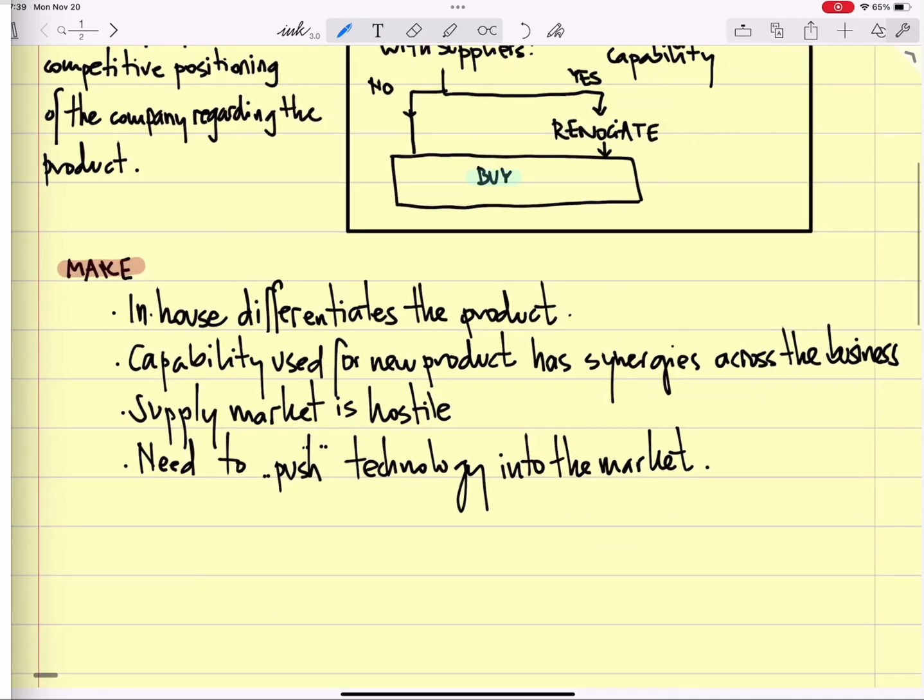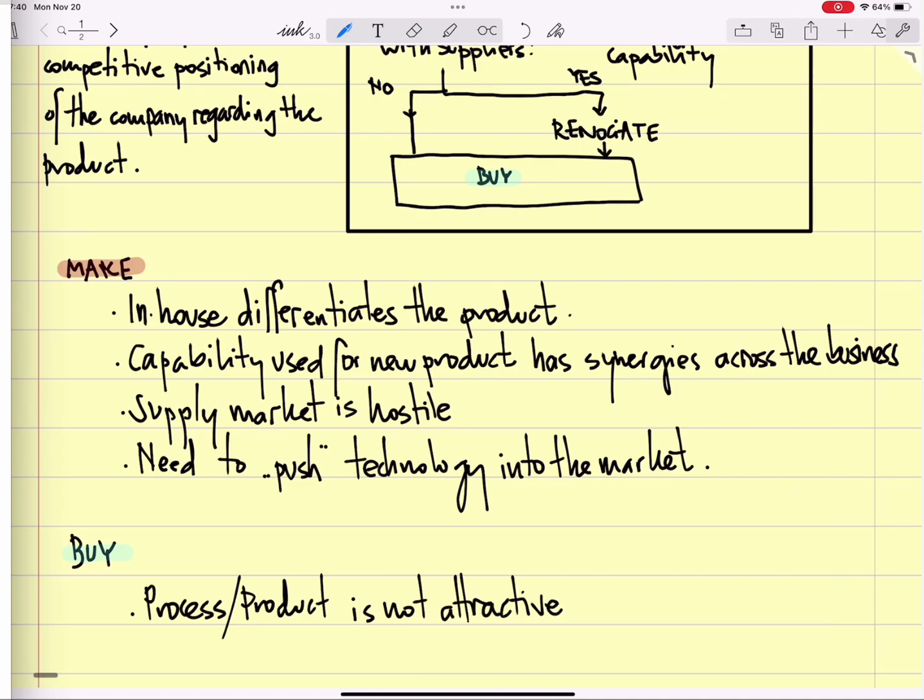In case you decide to buy from a strategic perspective, you need to look at whether the process or the product is not attractive or hard to find.